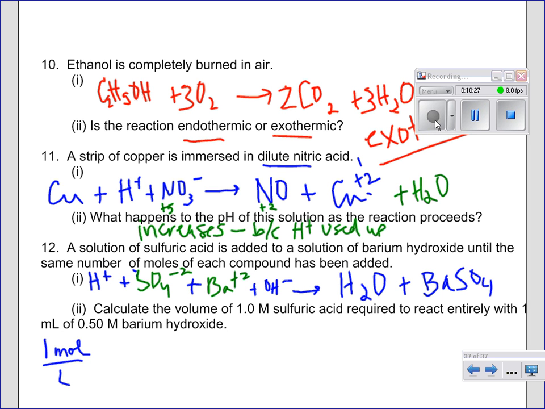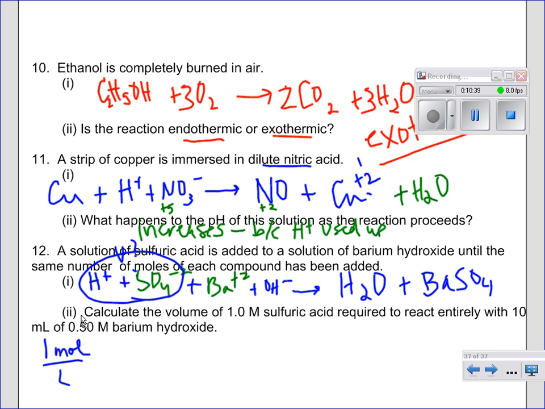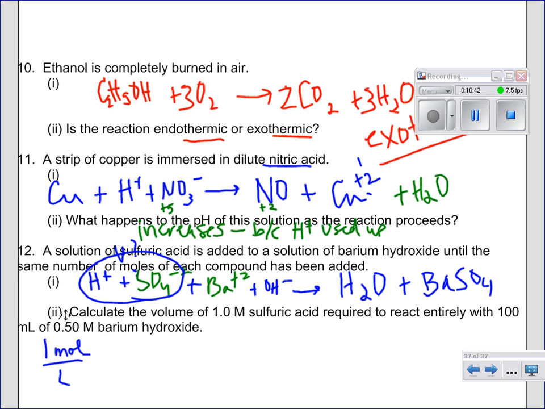And we want to calculate the volume required to react entirely with, hold on, I can't read it, let me move it over, 100 mL of 0.5 molar barium hydroxide. We need the same number of moles for it to react, because it said equimolar.